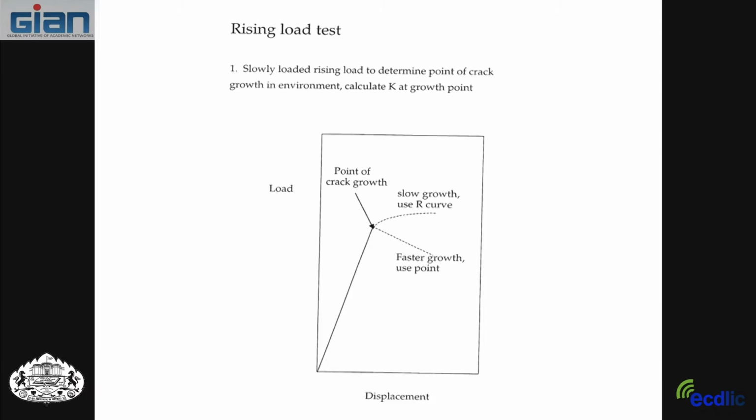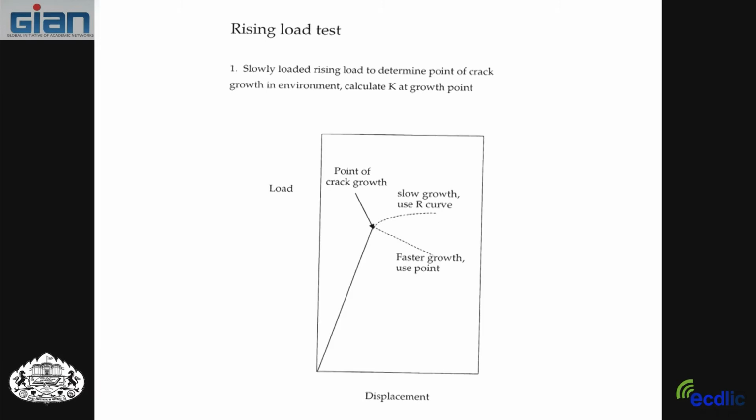Another method that people used, and we used this a little bit at Westinghouse, and they use this a lot in Europe that I've seen, is called the rising load test. Slowly loaded rising load test in environment. So in this case, they would use a test machine.